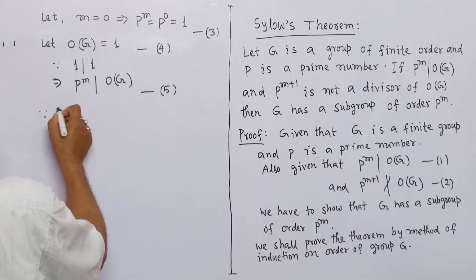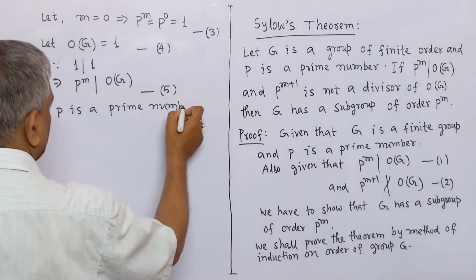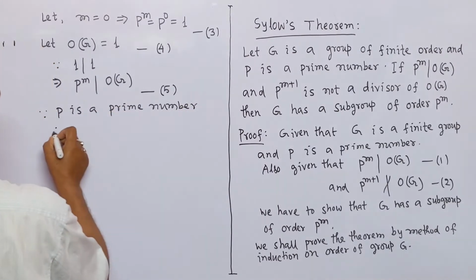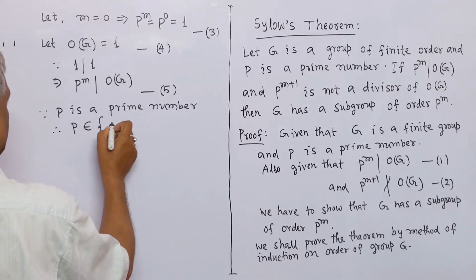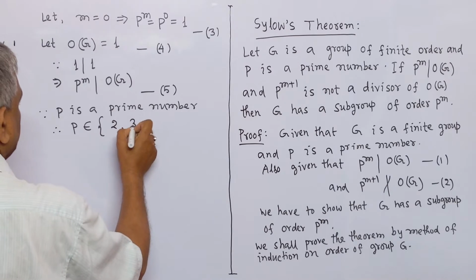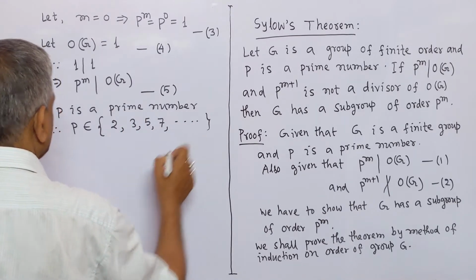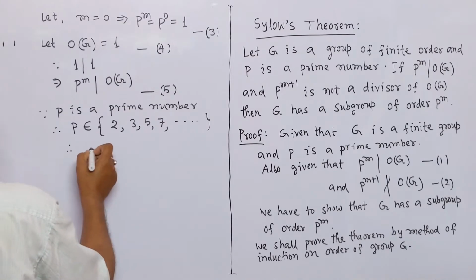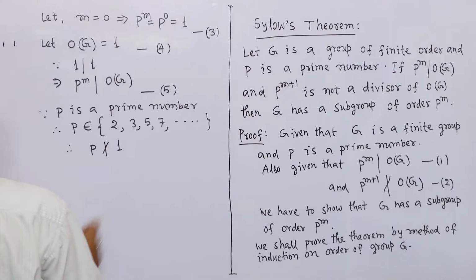Since P is a prime number, therefore P belongs to the set containing elements 2, 3, 5, 7, and so on. Therefore P does not divide 1.